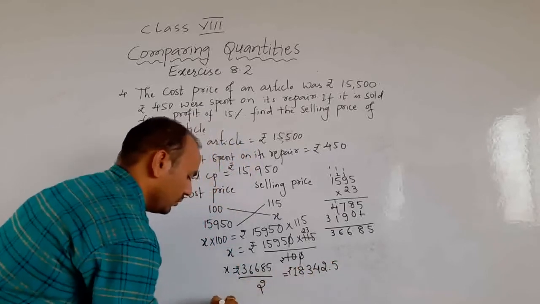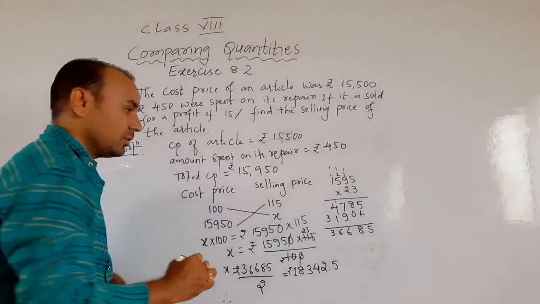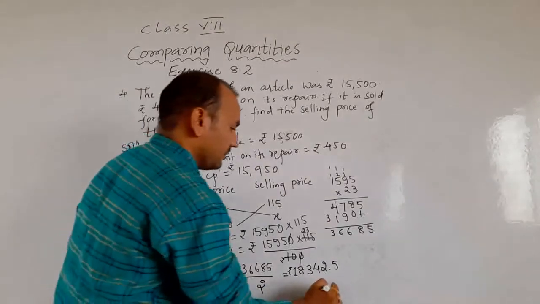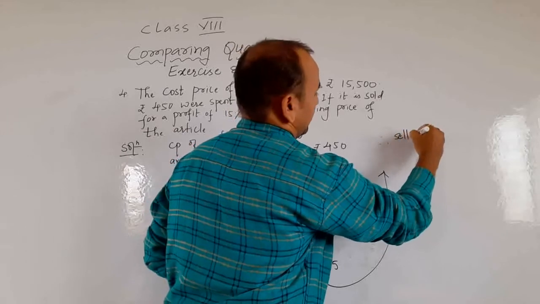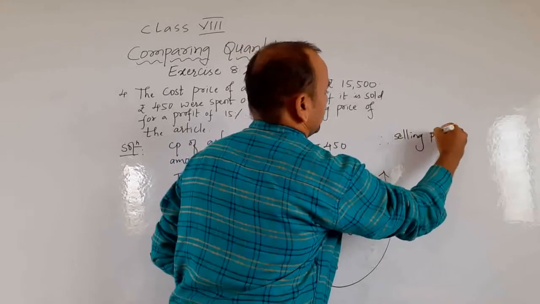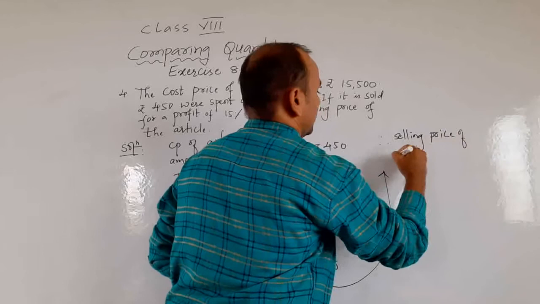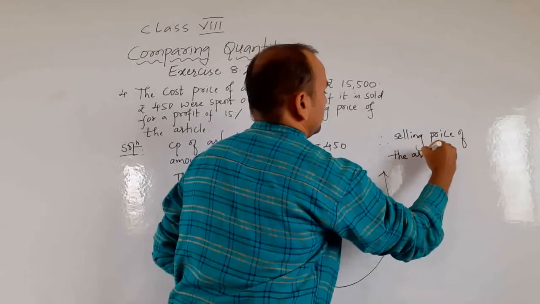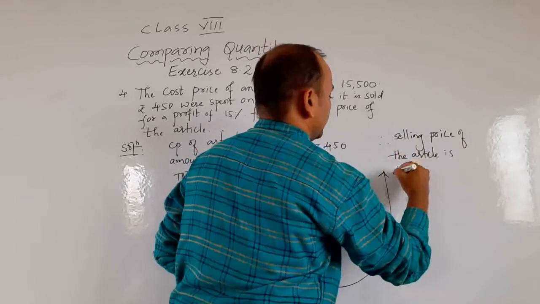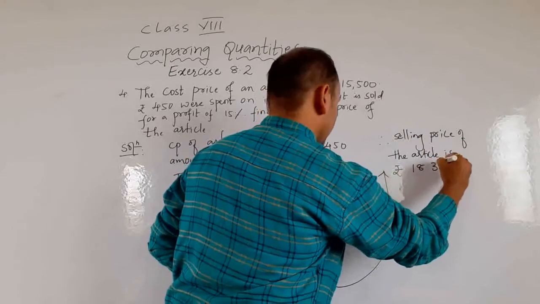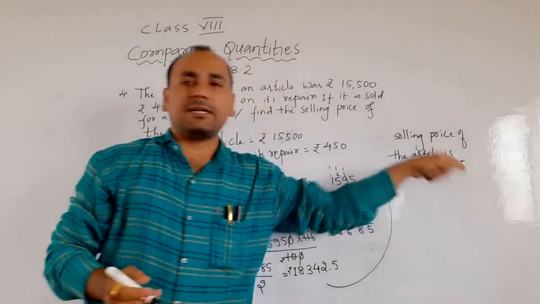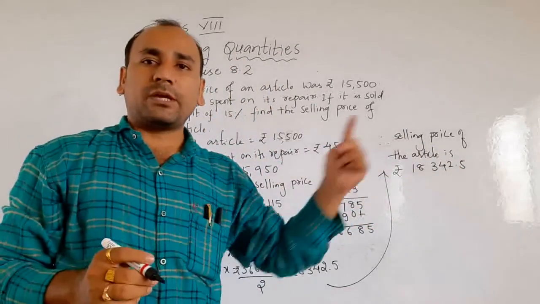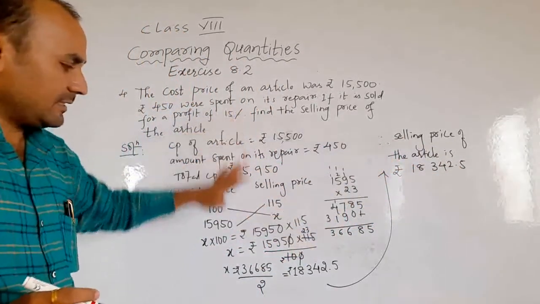Therefore the selling price of the article is rupees 18,342.5. So this is the selling price of the article. How can we identify it? By doing this easy method.